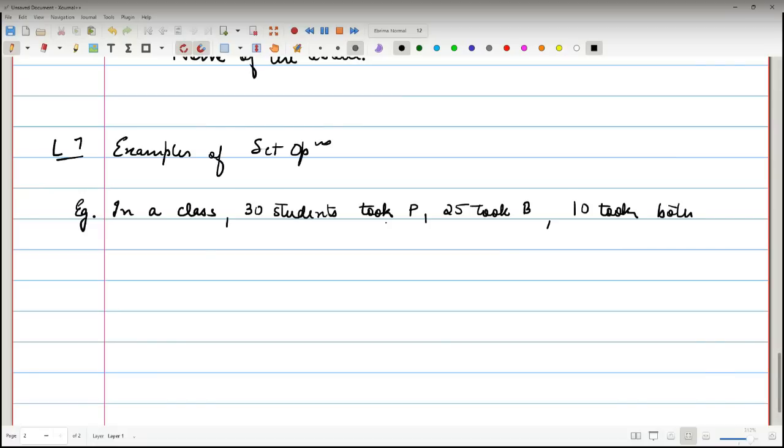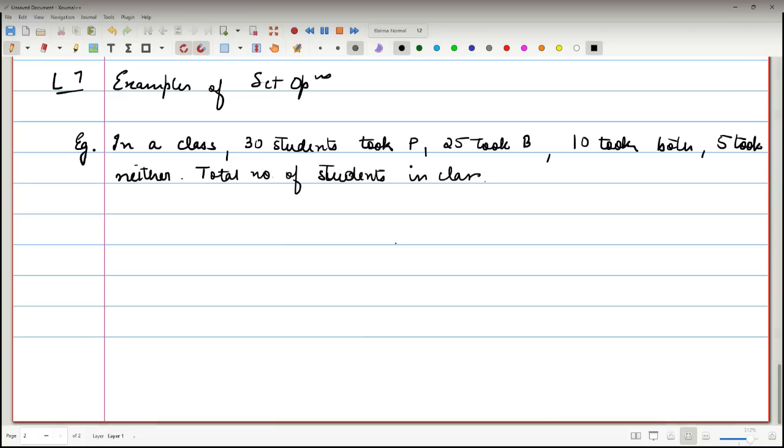Okay. 5 took neither. Now you have to find the total number of students. Okay. Just create a diagram.